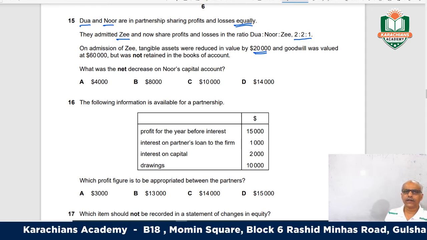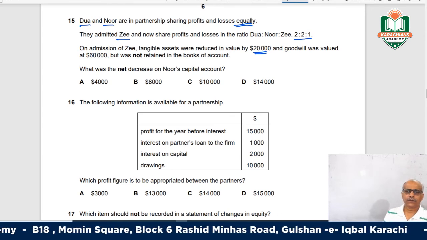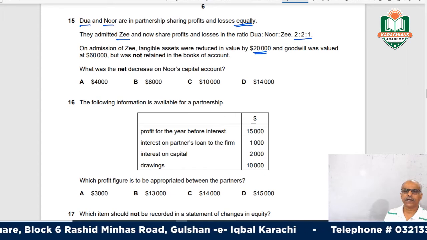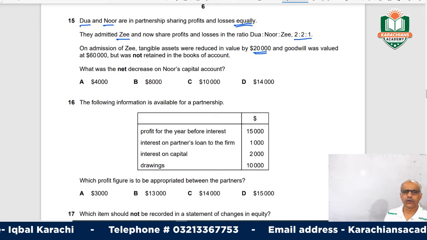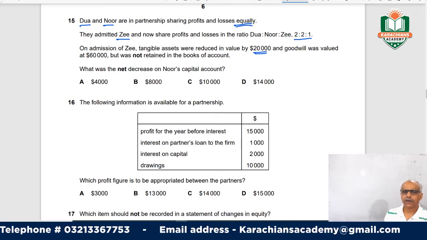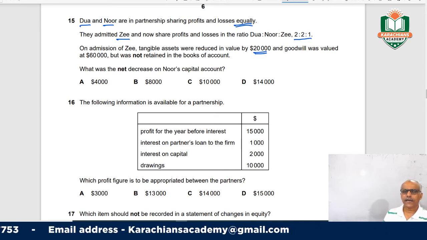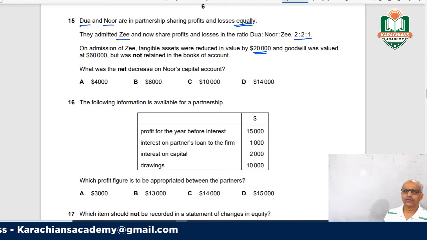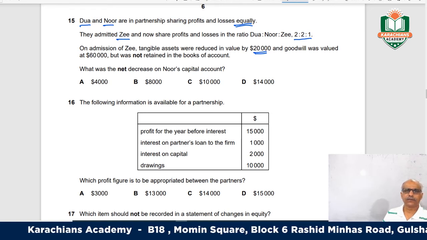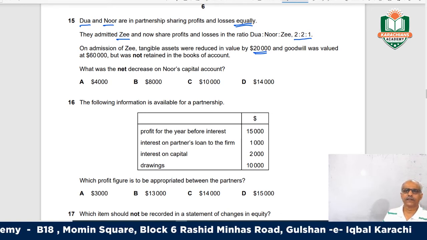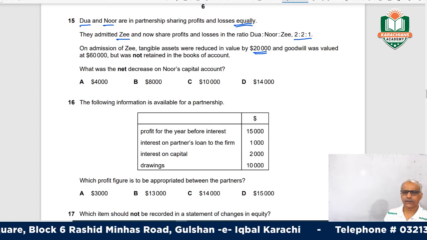So again, the goodwill benefit will be given to the partners, and goodwill will be debited and their accounts will be credited equally by 30,000 each, right? But it was not retained in the books, and this was to be retained. So the write-off of the goodwill will be borne by all the partners. The new partner has to bear it, because he will be enjoying the benefit of goodwill. So it has to bear the cost of goodwill, and this will be charged to them.